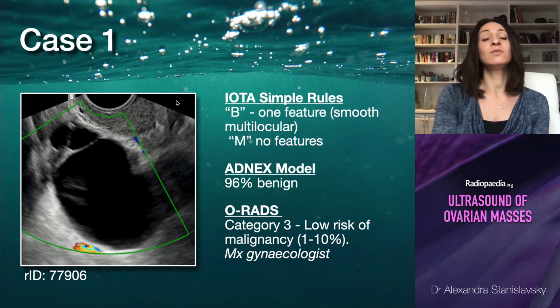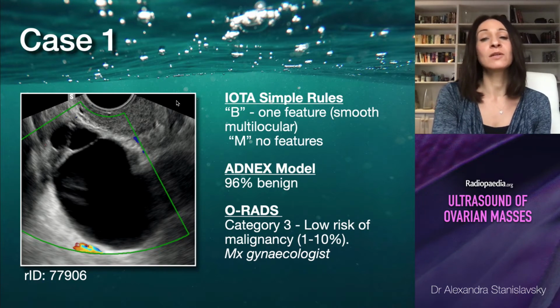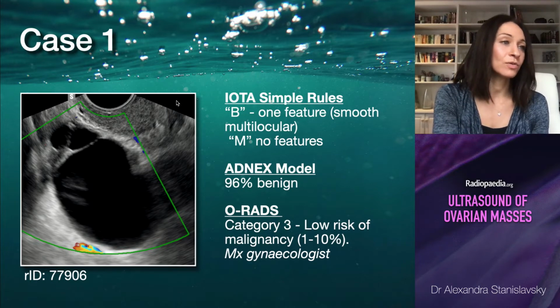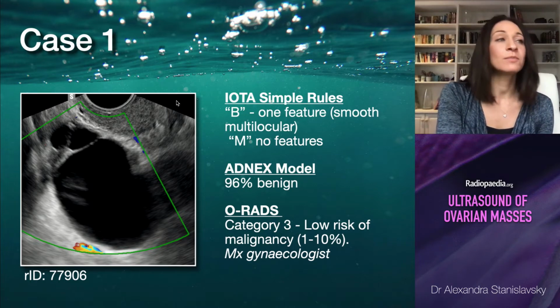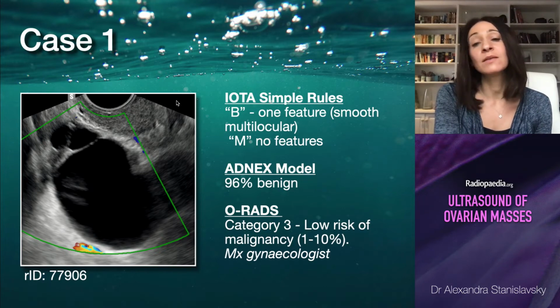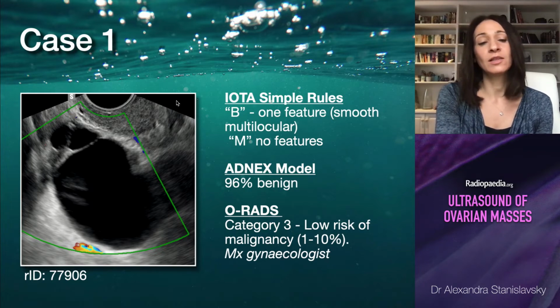If we look at what our stratification systems say about this, according to the IOTA simple rules, and at this stage I would encourage you to bring up the IOTA simple rules, the O-RADS system and the ADNEX model alongside, feel free to pause as you go along and trial out whatever systems interest you alongside these cases.